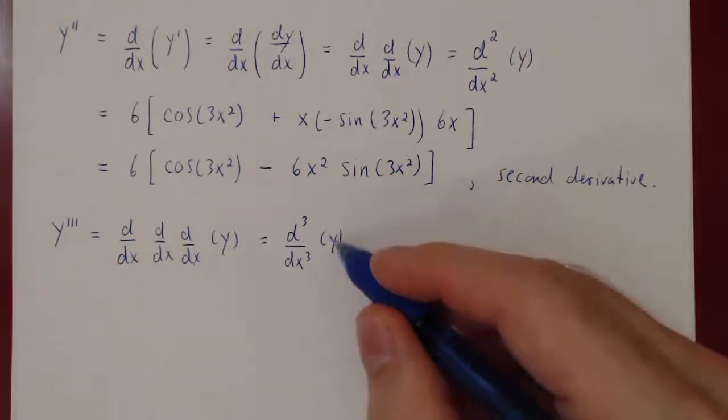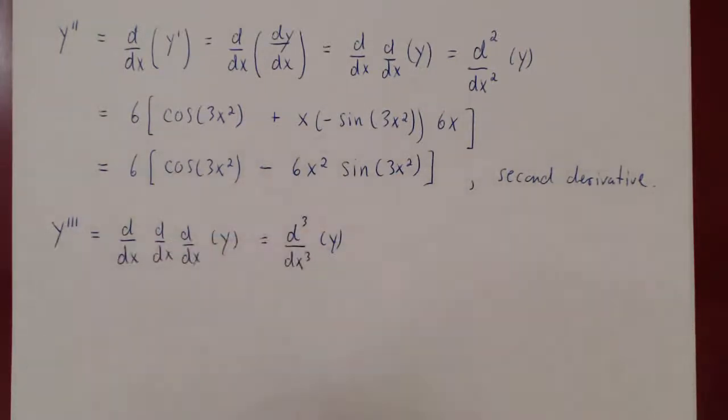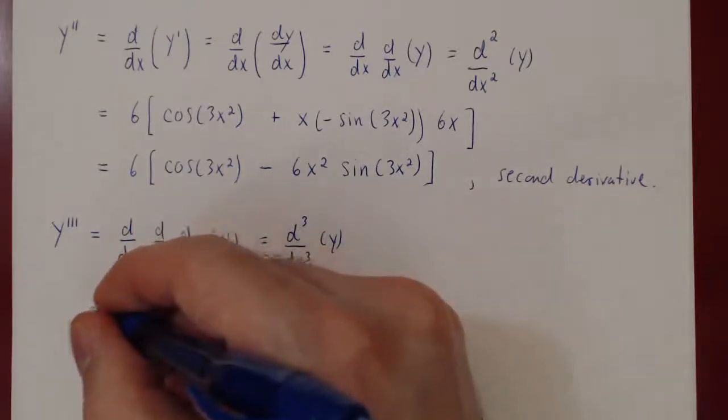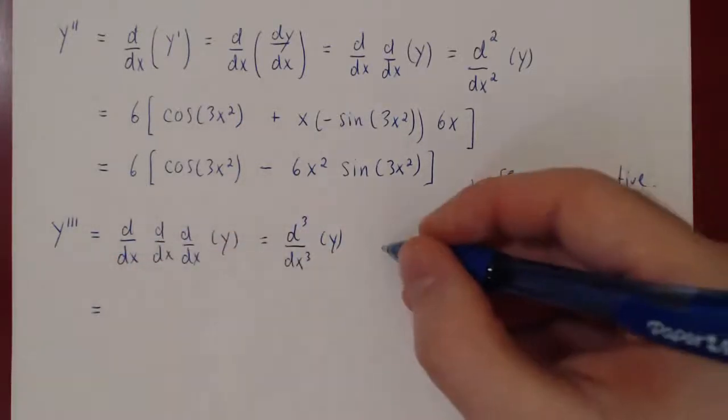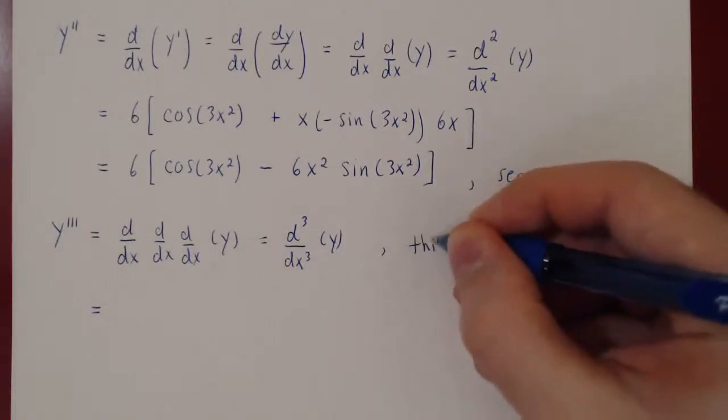So we're saying differentiate y with respect to x, but three times. Y triple prime. This is the so-called third derivative.